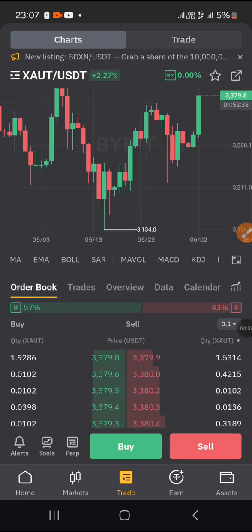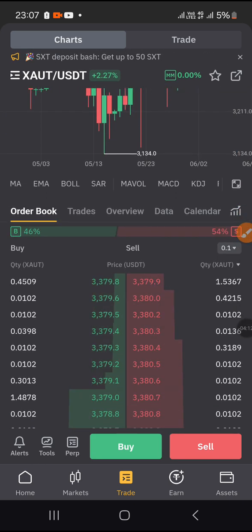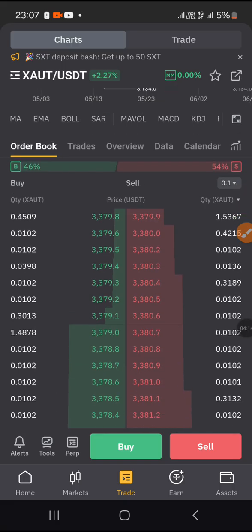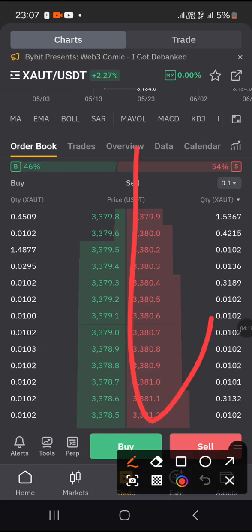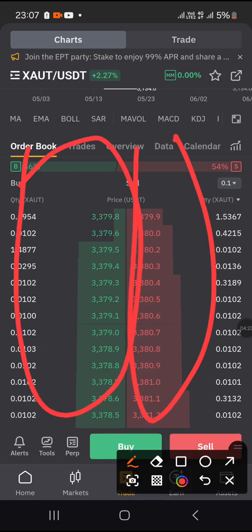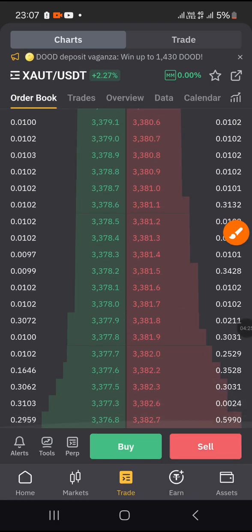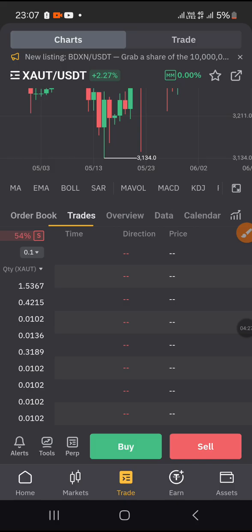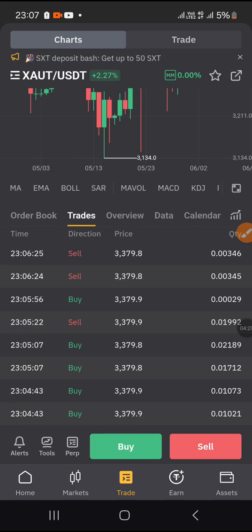Coming down here, you can see its order book. Its order book means the quantity of XAU that has been purchased and also the quantity of XAU that has been sold. Sold, purchased, this rings every second. Leaving that place to the trade, you can see how the price has been, the people that have been buying at a particular price, and also the people that have been selling at a particular price.